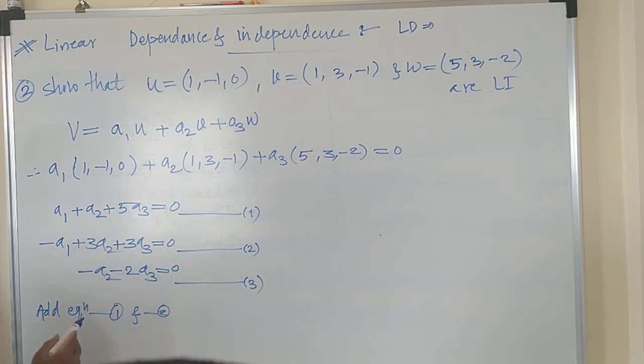a2 plus 3a2 will give you 4a2, and 5 plus 3, that is 8a3, equals 0. This is our new equation number 4, right? Now for equations 3 and 4, if you multiply equation number 3 by 4, then this will be 4a2 and this is 4a2, and then add.